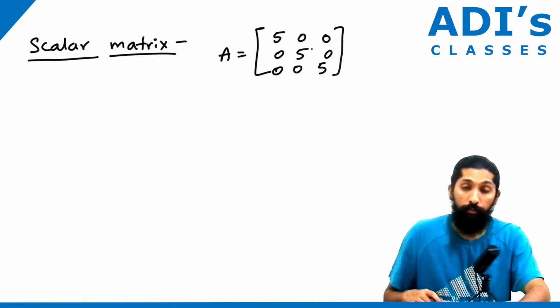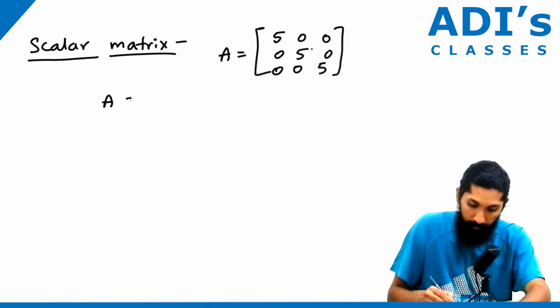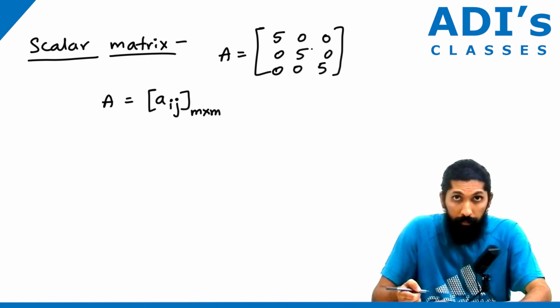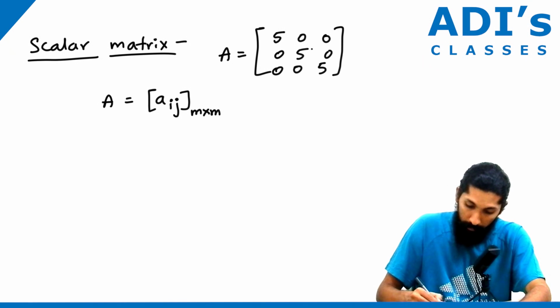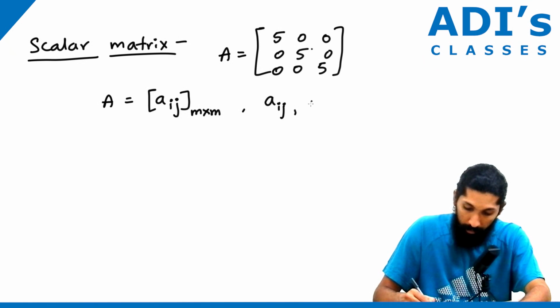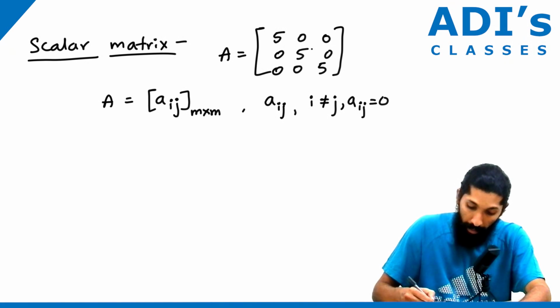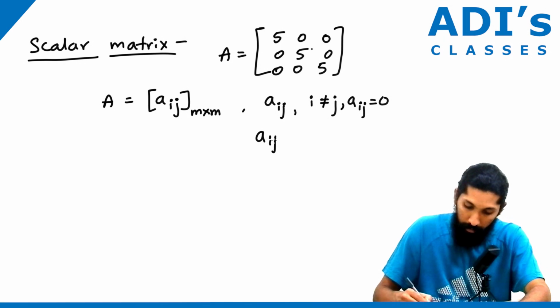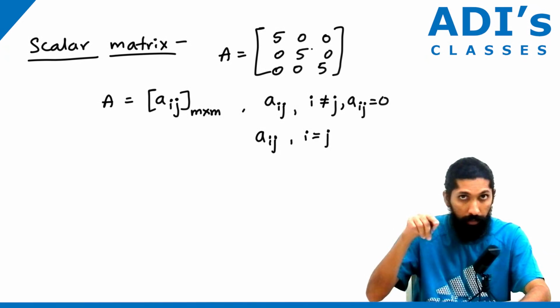So in general, how do we write it? You have matrix A is equal to Aij. This is M cross M, which means it's a square matrix in such a way that where i is not equal to j, Aij is equal to 0, this is first, and Aij is the value if i is equal to j, that means the principal diagonal.